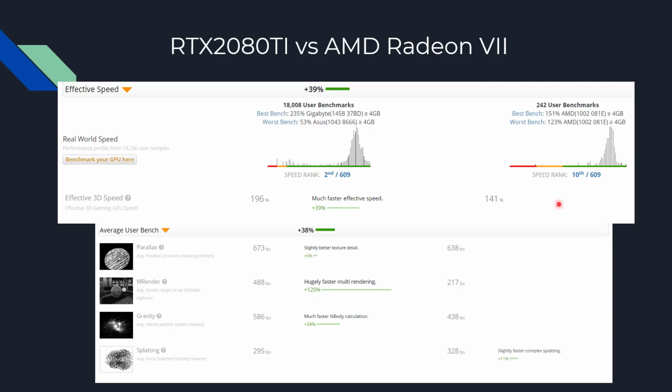Here are the benchmark scores for both of the graphics cards, where we can see the RTX comes in second overall among graphics cards that exist, and the Radeon is the strongest graphics card for the AMD company, which places 10th. Here are some of the rendering tests done by the software called User Benchmark, and as you can see, the results for the RTX are way higher than the AMD Radeon 7.